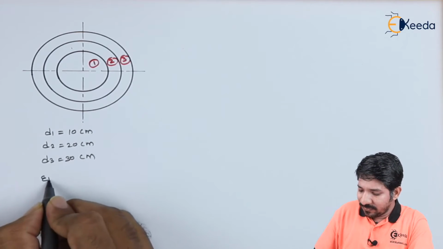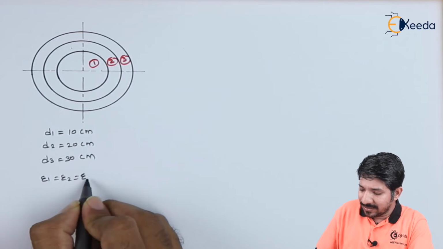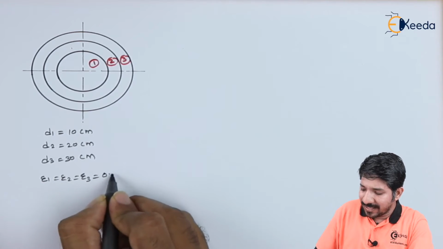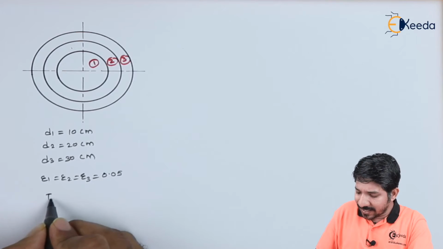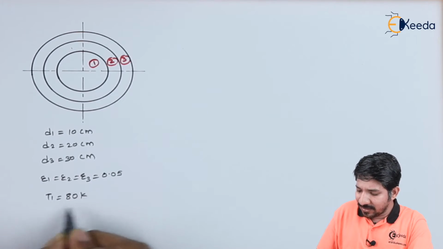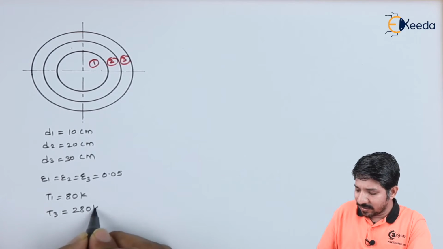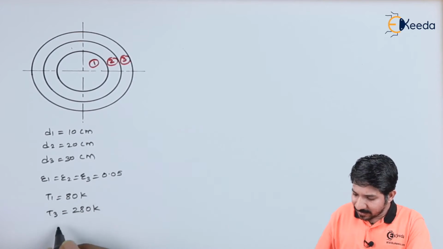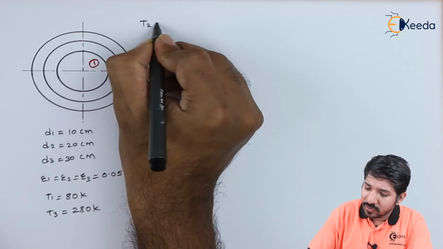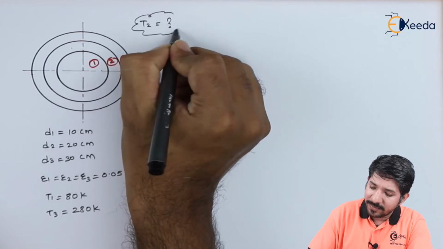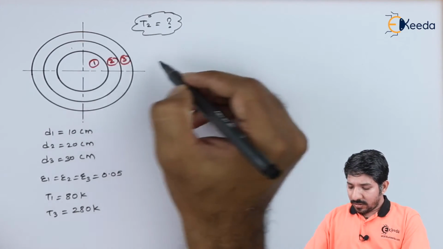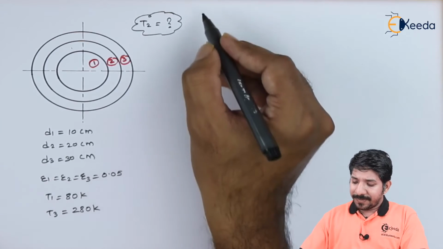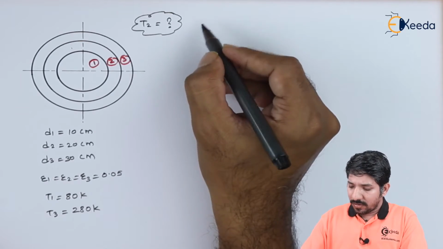Similarly, the emissivity for 1, 2 and 3 they have given commonly as 0.05, and they have given us the temperature at 1 as 80 Kelvin and temperature at 3 as 280 Kelvin. And they are asking us to find what is the temperature at 2, once the equilibrium is attained. Now with this in our mind, let us start solving this.